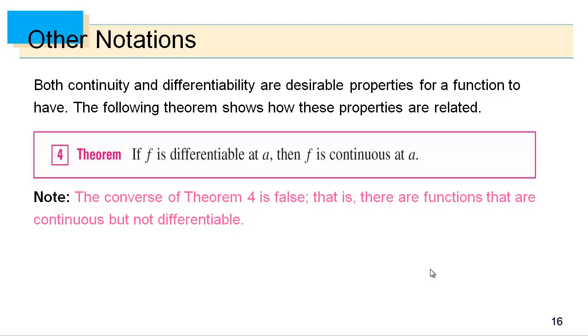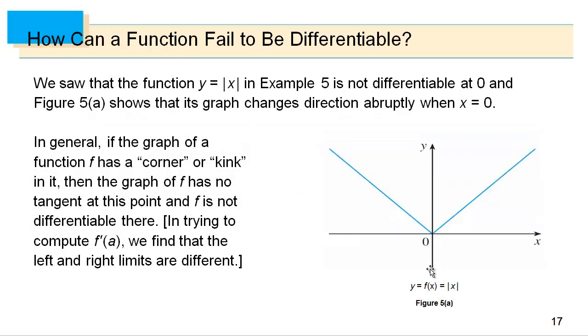But we just saw from the previous example that the function wasn't differentiable at 0, even though the function was continuous at 0, which tells us that the converse of this theorem is false. Meaning, just because a function is continuous does not mean it's differentiable. It doesn't go both directions. If it's differentiable, then it has to be continuous. But if it's continuous, that does not make it differentiable, as we saw from this example.